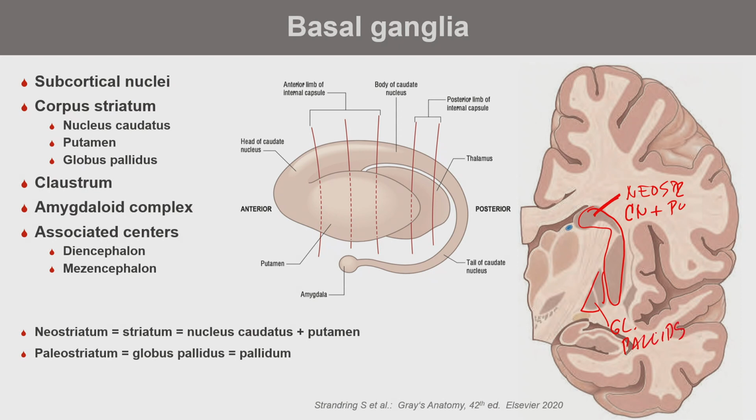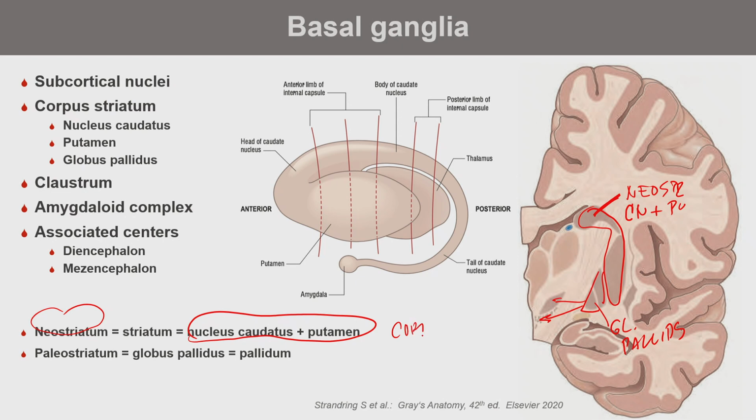This part, the medial part, is then connected with the other structures which are in a subthalamic and also in a mesencephalic region. So neurostriatum is the interrelay from a cortex.